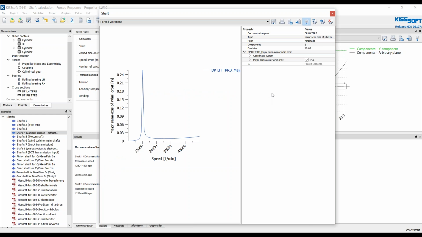Now if I want to look at the X component of this, because right now we're looking at the major semi-axis in the Z, I can turn this over to X, Y. So this is a normalized displacement, right? This is what the normalized displacement would be at roughly 12,000 RPM.